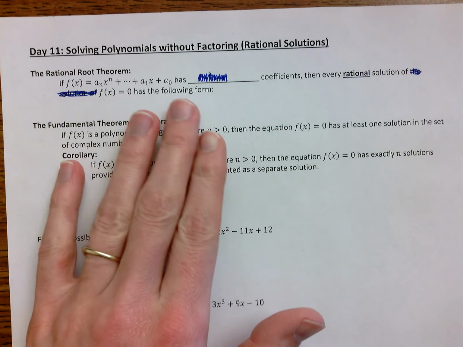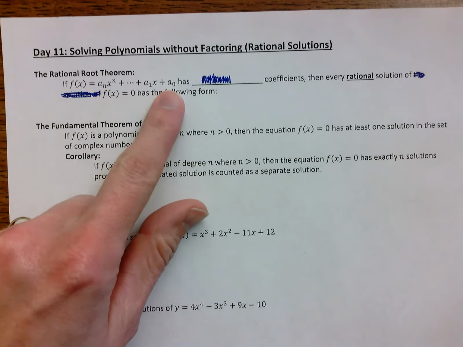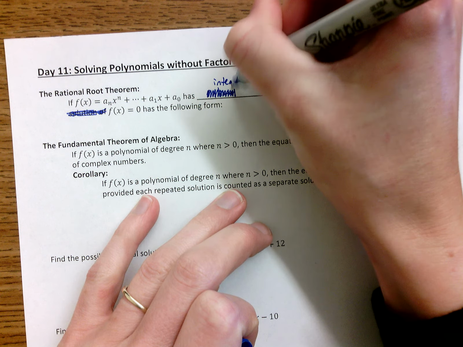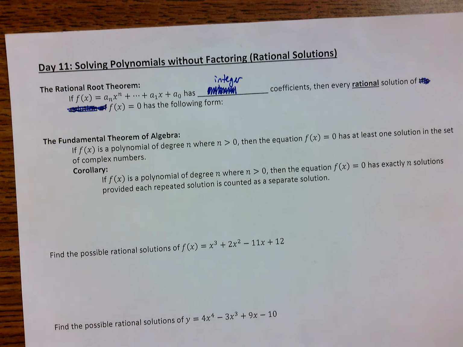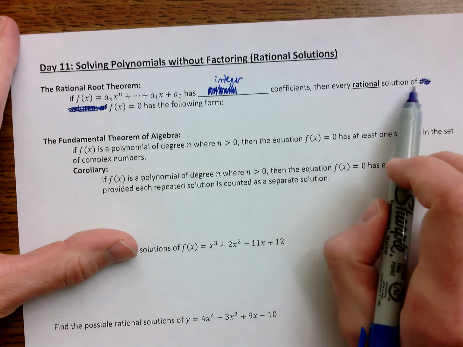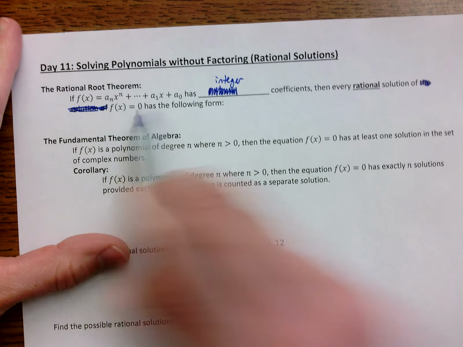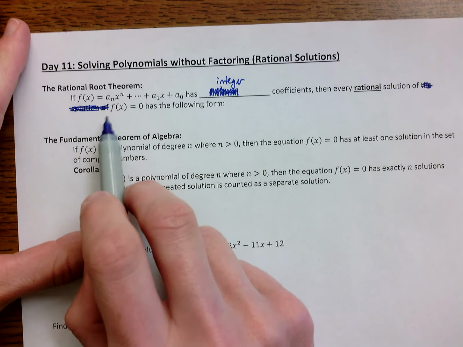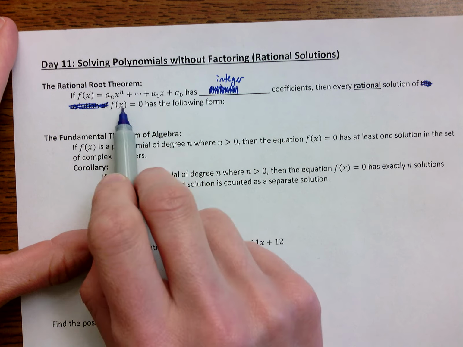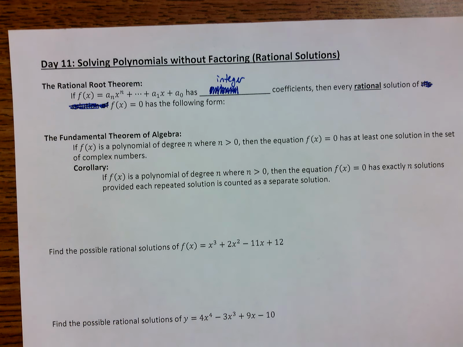So what this should say is that if you have some polynomial and it has integer coefficients, so you have to have whole number, positive or negative coefficients, then every rational solution of f of x equals 0. We had a couple extra words there, so just scribble those out if they're still on your paper. So every rational solution, when you set the polynomial equal to 0, has to have a particular form.